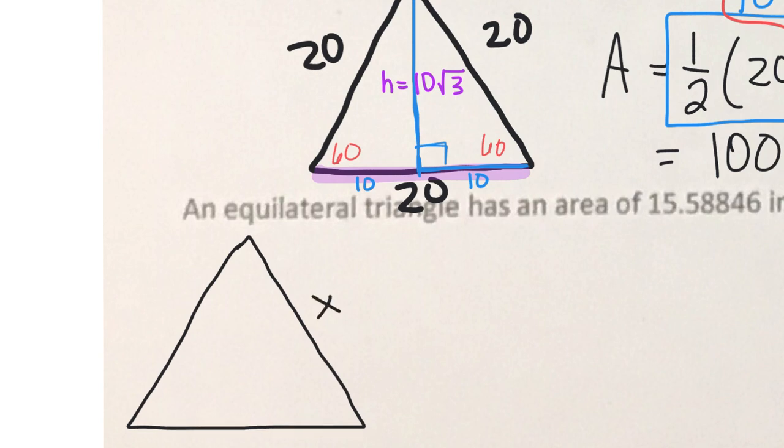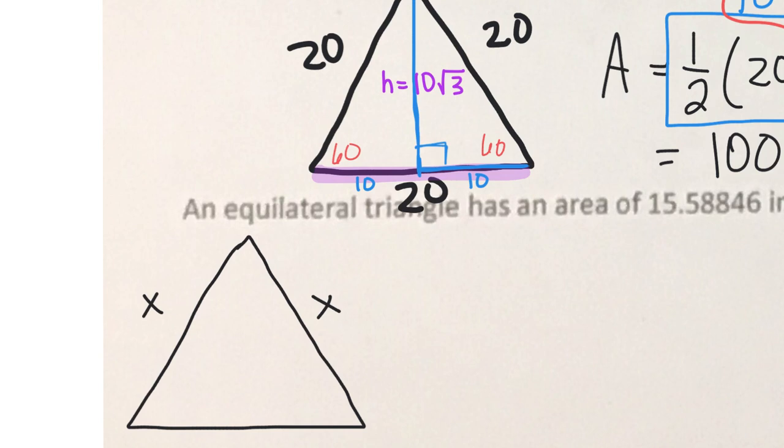So all of these are x, right? We're trying to calculate the length of the side. I would use s, but unfortunately my s's and my 5's look a lot alike, and it gets confusing. So I'm going to use x to represent the side length of my equilateral triangle. Okay, so let's derive the formula for any equilateral triangle if you know the side length.